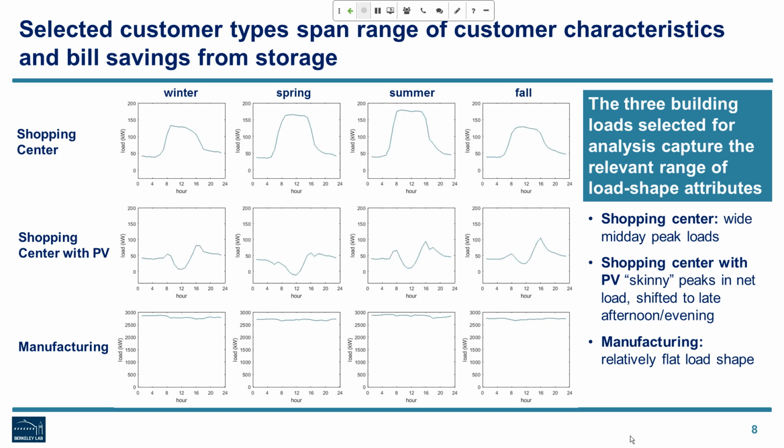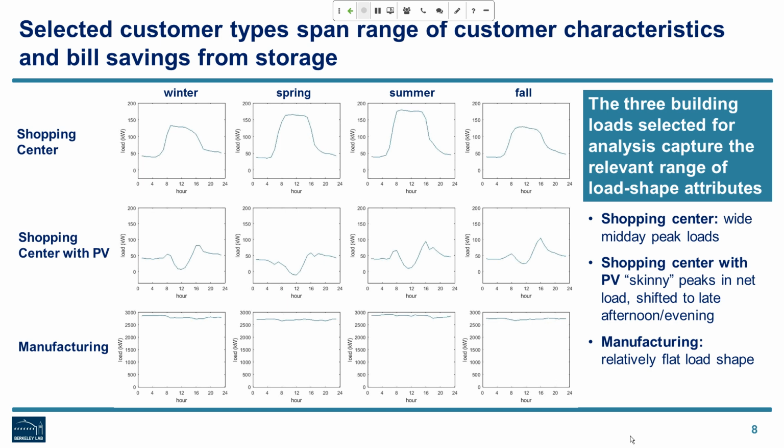These aren't necessarily representative of these 3 customer types, because of course there's a large variety of manufacturing and shopping centers. But we're really just using these three as examples which highlight particular features of load shapes that are common through all customers.